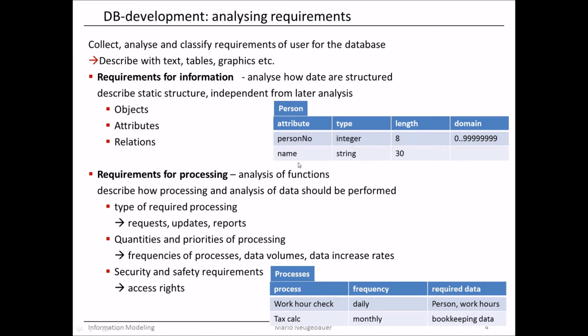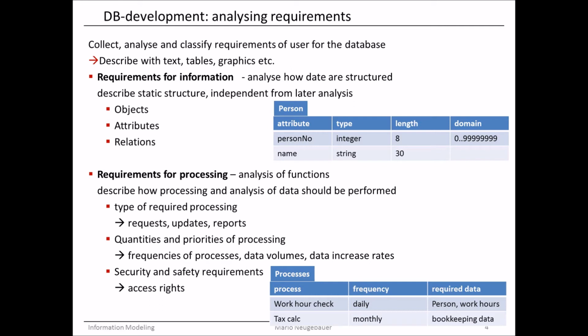And also about the person, the name should be modeled, the name should be persisted in the database, and for the name you reserve 30 characters. So this type is named string then. And you would do this analysis of the attributes, of the types for the attributes for all objects you would have in your information model.